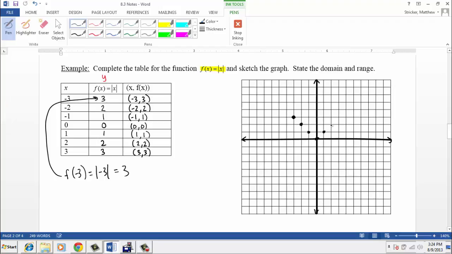We see a shape that looks kind of like a V. Let's go ahead and label our points, because we should always label points. -1, 0 over here.